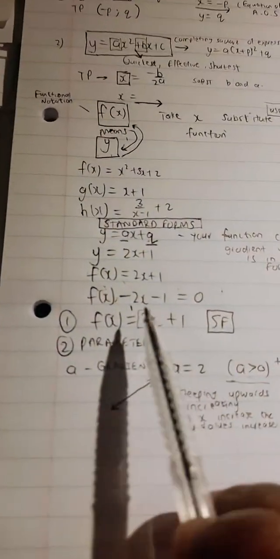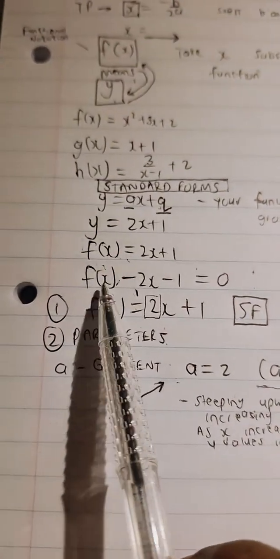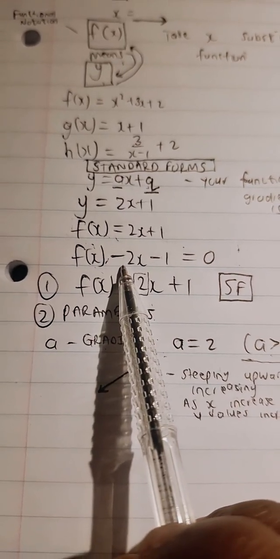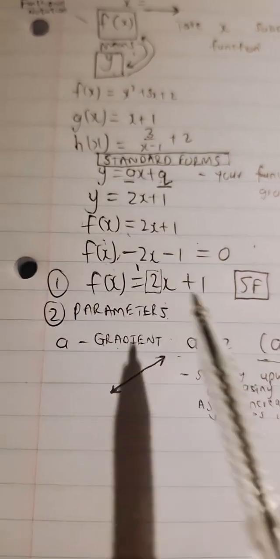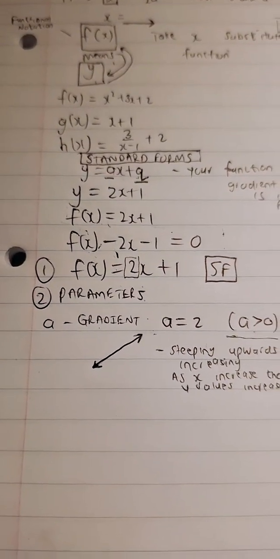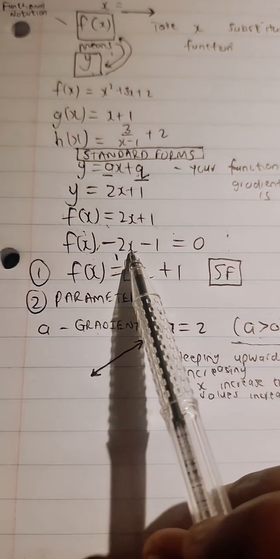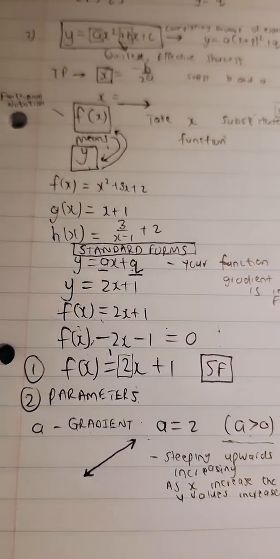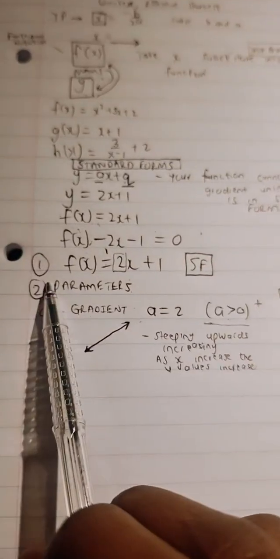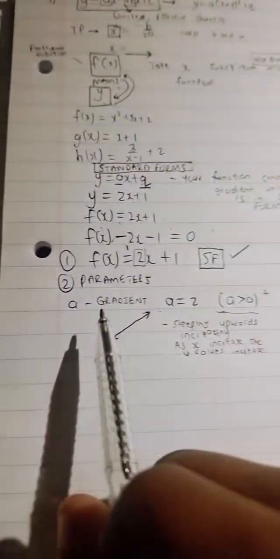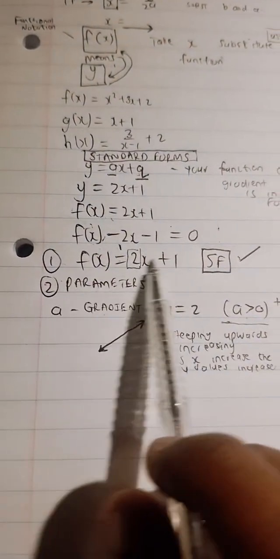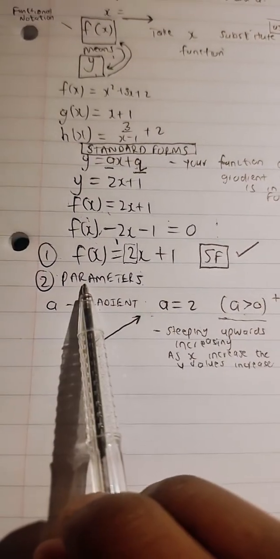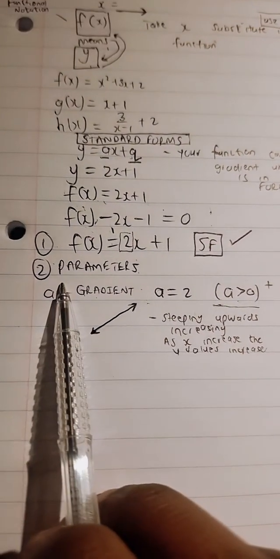I hope you understand this, because for instance, if I was given this straight line function in this form, I can't just state the gradient and say, no, the gradient here is negative 2. And then I ask you why, and then you say, no sir, it's because the coefficient of x here is negative 2. No, guy. First, get the equation into standard form. That's why I've endorsed that as step 1, that your function must first be in standard form. Then you can make a judgment on the parameters.